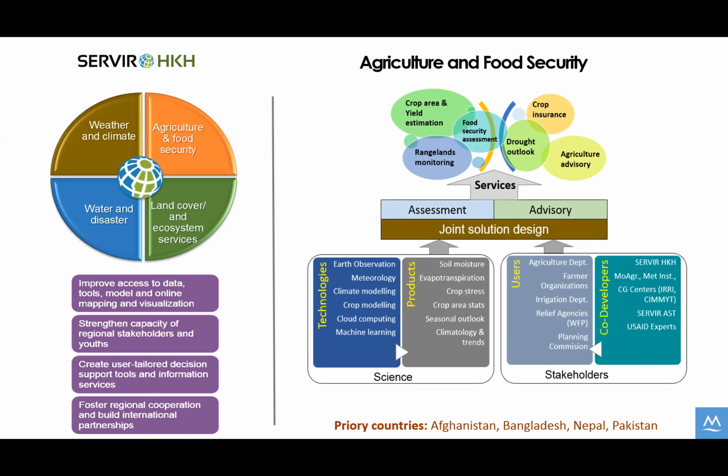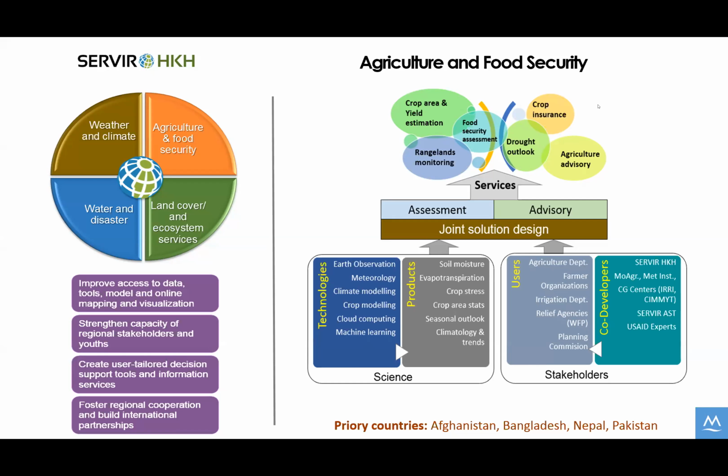And then also an overarching objective is to foster transboundary cooperation. We know that data exchange is a complicated issue, but Earth observation data is available across the boundaries and most of the time open access.